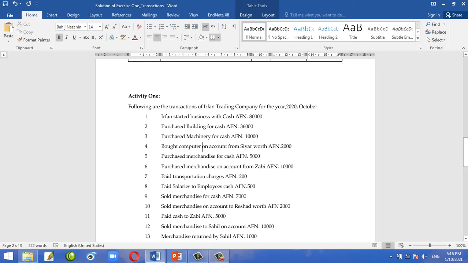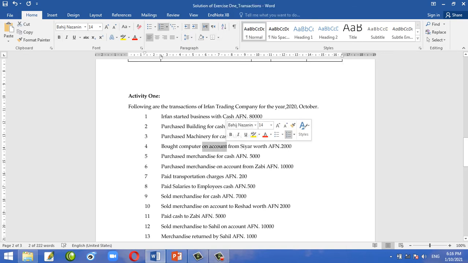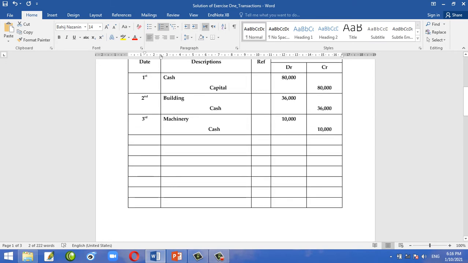So here we have a credit transaction. We have purchased the computer, but the money is not given to CR on the spot. The money will be given to CR after a month, for example, or after 20 days. So from one side we have received a computer.